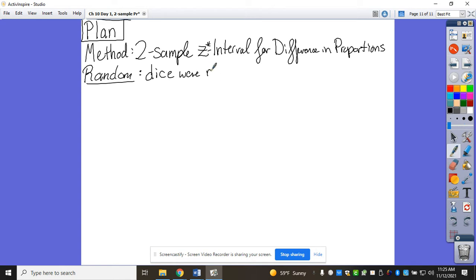If I'm the one stating it because I'm not reading from a problem, is there anything wrong with going ahead and saying randomly selected? No, and then I don't have to put it at the end. We're randomly selected from both, what? Cup 1 and cup 2.